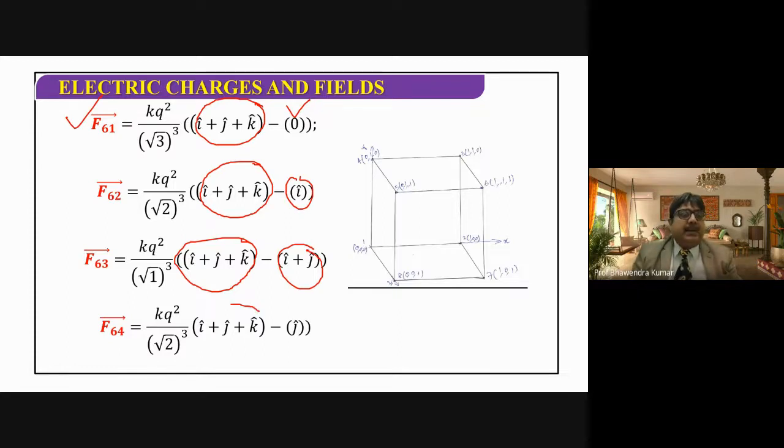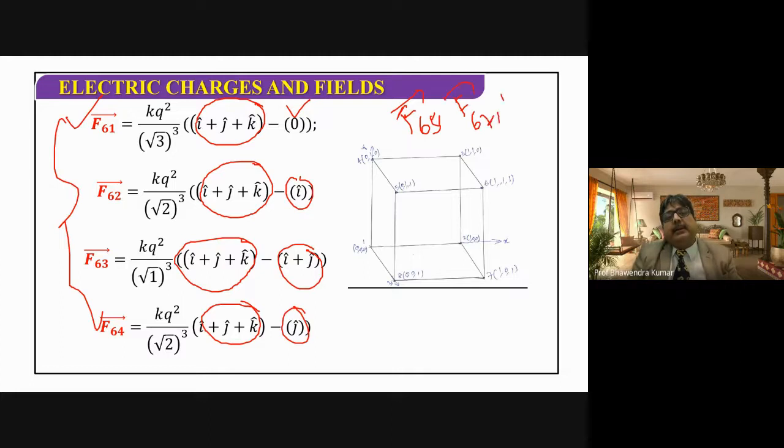F64, it is I plus J plus K minus J. All of you are getting these results? Now you have to find F65, F67 and F68. And then you have to add all the forces to find the value of F6 net.